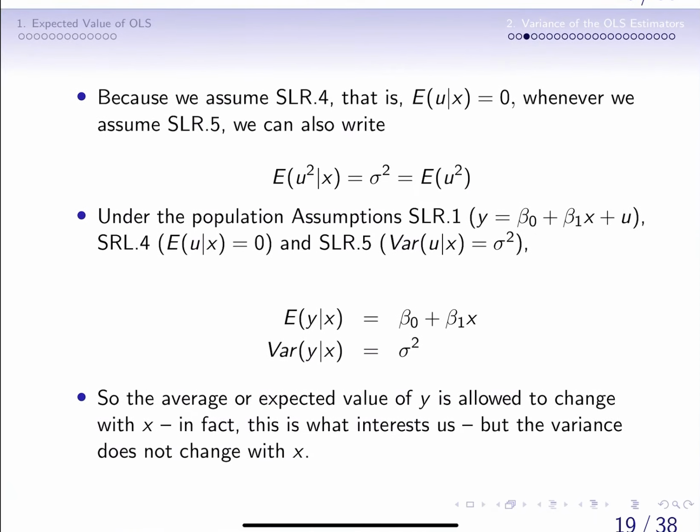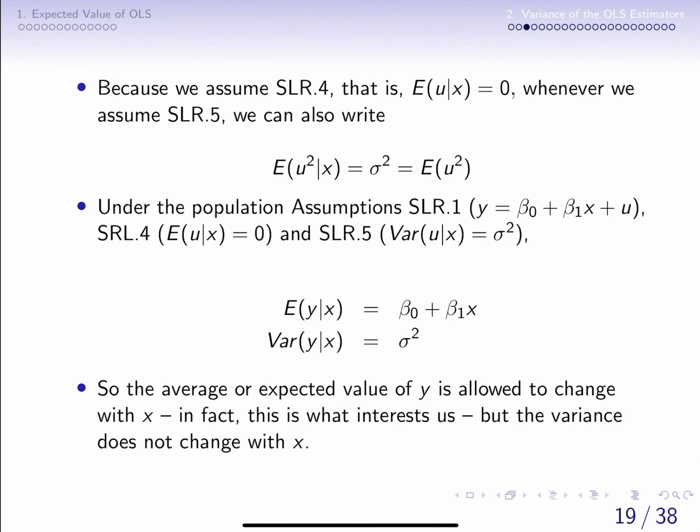Let's try to understand how we can get to the variance of y for a given value of x, and whether that is constant. Let's start with the last assumption we talked about, the fourth assumption, that the expected value of u given x is 0.